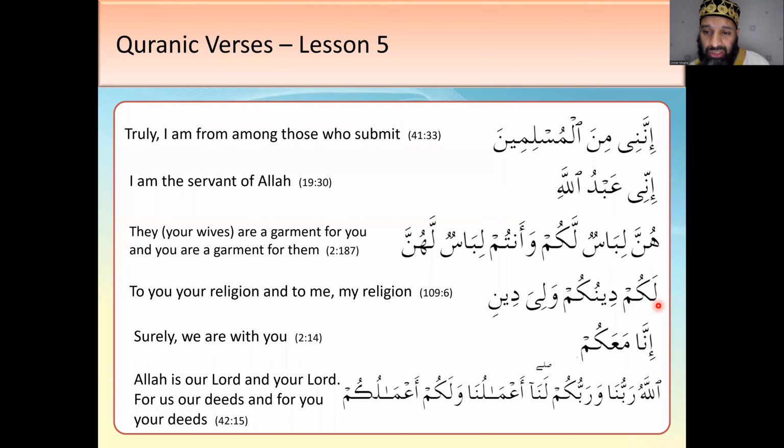If you said to yourself, for you all, your religion, you know what it means. For you, to you all, your religion. And even in some translations, it may say, for you, your religion. It does actually. So in some translation, it will say, for you, as far as I remember, okay? But we'll just stick to what is on here. To you, your religion. Dinukum. Look, deen means religion. Kum means you all. So your all's religion. Dinukum, your all's religion. Your religion. So to you, your religion.